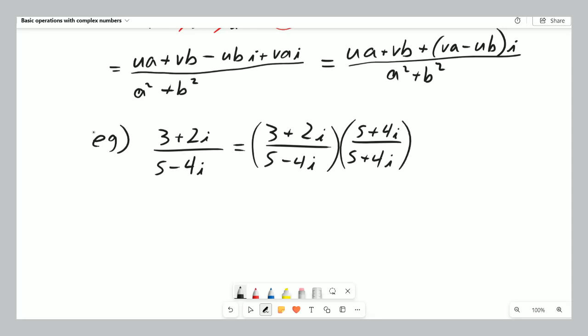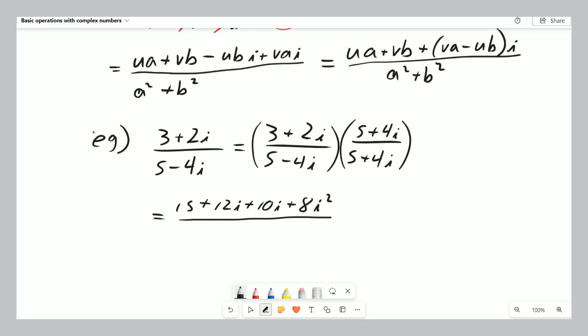And that's what's going to guarantee a real number in the denominator once we open these brackets. So we have 3 times 5, which is 15. We have 3 times 4i, which is 12i. We have 2i times 5, which is 10i. And we have 2i times 4i, which is 8i squared.